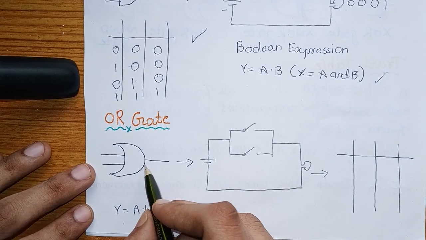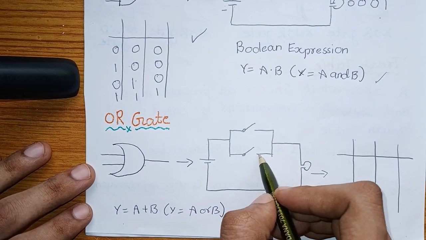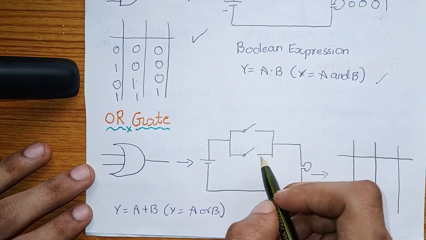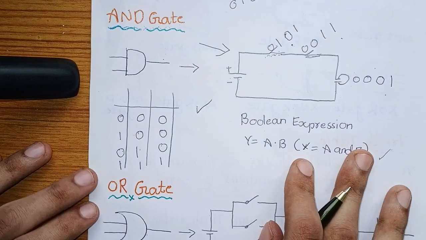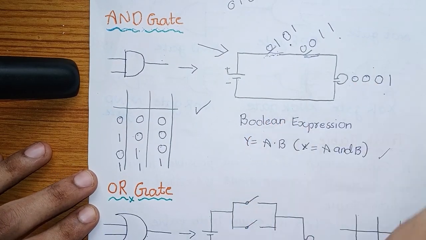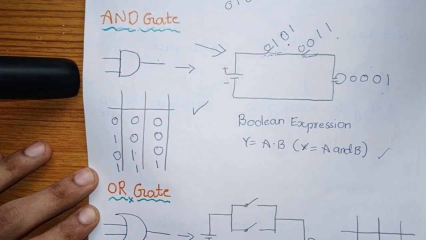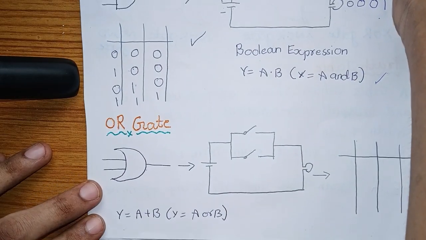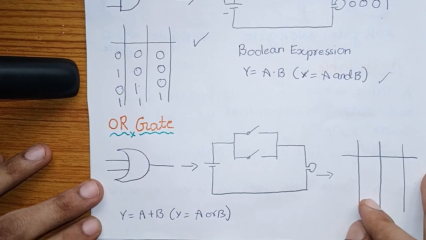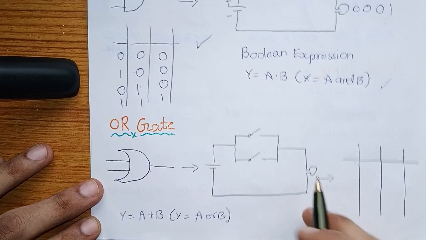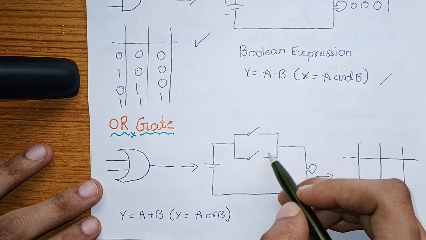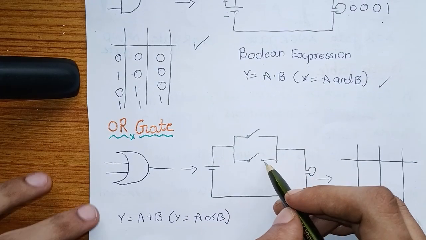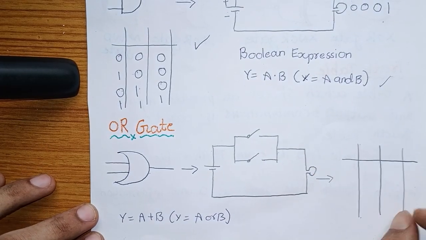Here see, this is the OR gate, and the circuit of the OR gate is this. In the AND gate, the two switches are in series, and in the OR gate the two switches are in parallel connection, and there is a battery and a bulb.